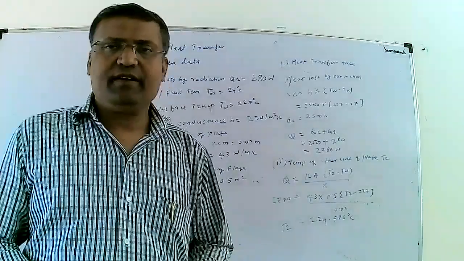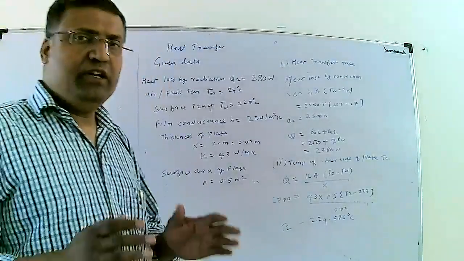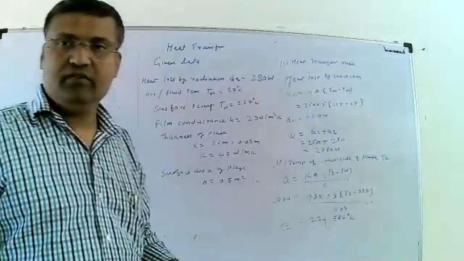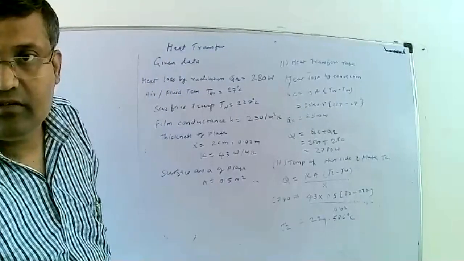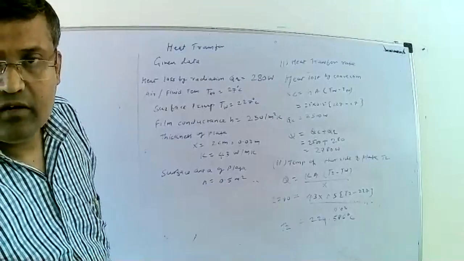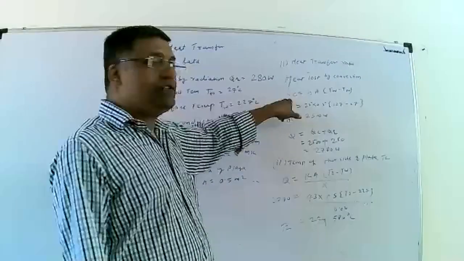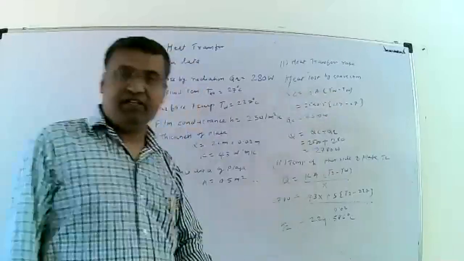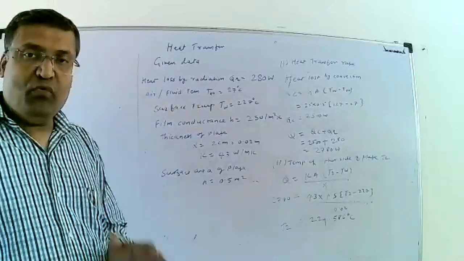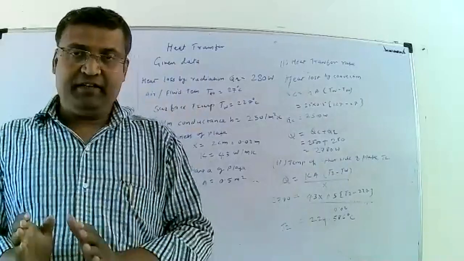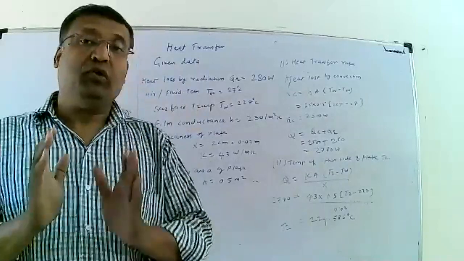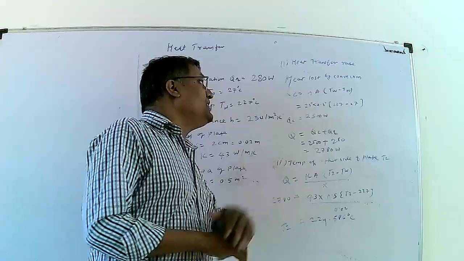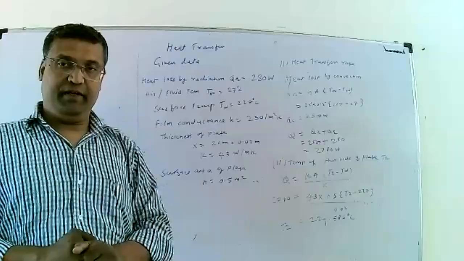Then to calculate heat transfer rate or total heat lost, first we calculate the heat lost by convection by formula QC equal to HA into Tw minus T infinity.